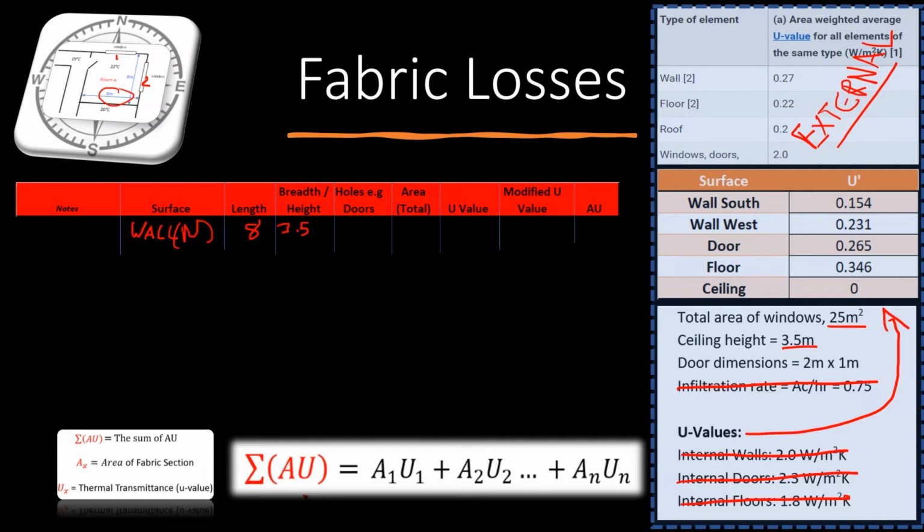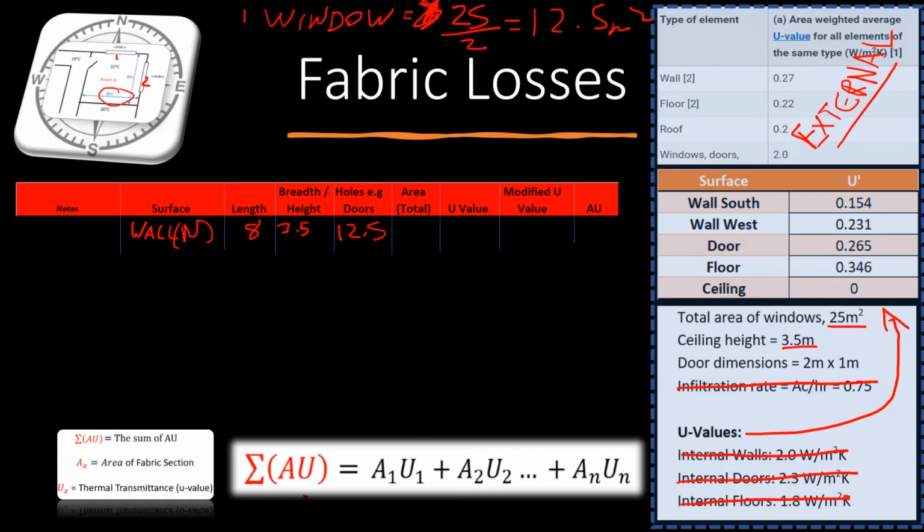So one window equals 25 divided by 2, which is going to give me 12.5 meters squared. So if I'm deducting anything from this surface, I'm going to deduct that 12.5 because that window is effectively a hole in the wall.